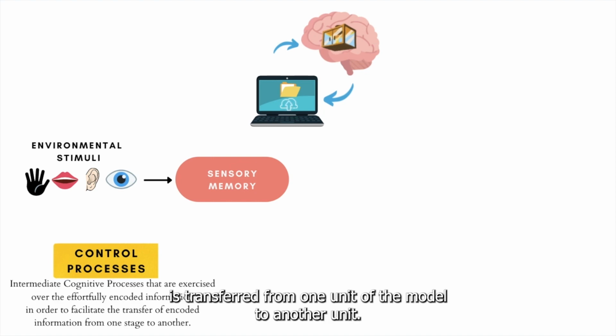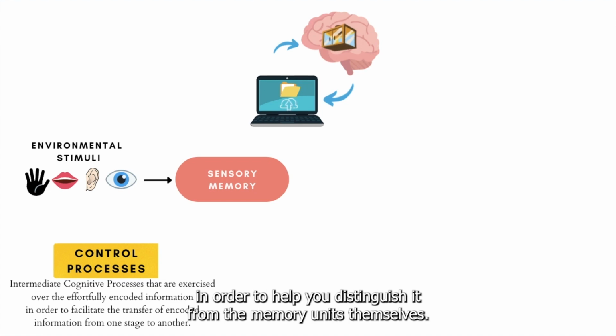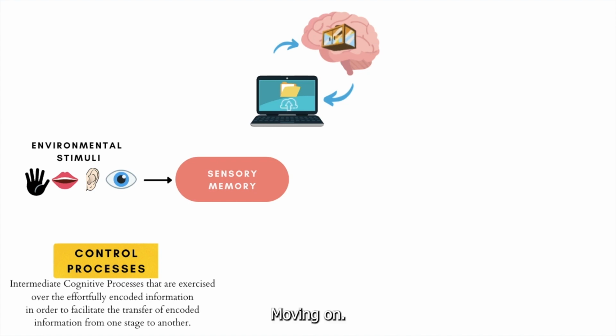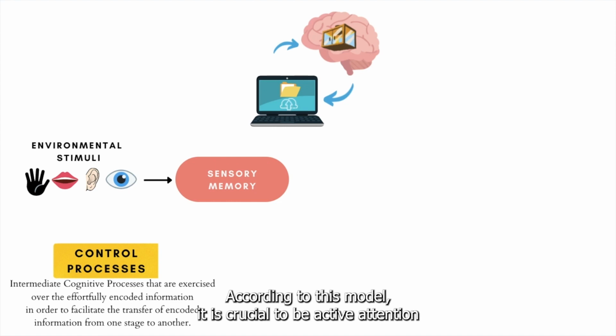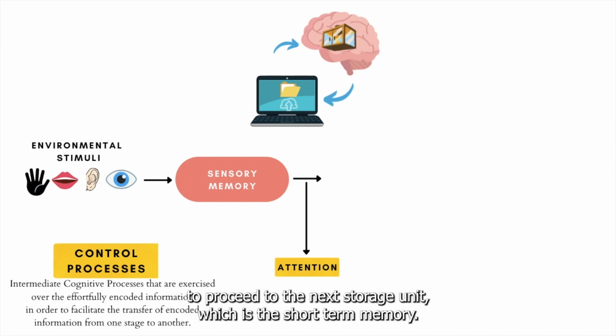In this model schematic, we highlight the control processes in yellow in order to help you distinguish them from the memory units themselves. Moving on, according to this model, it is crucial to pay active attention to the information in the sensory memory for registering it, to proceed to the storage unit, which is the short-term memory.